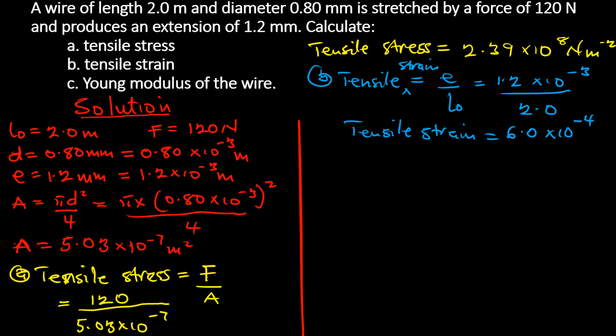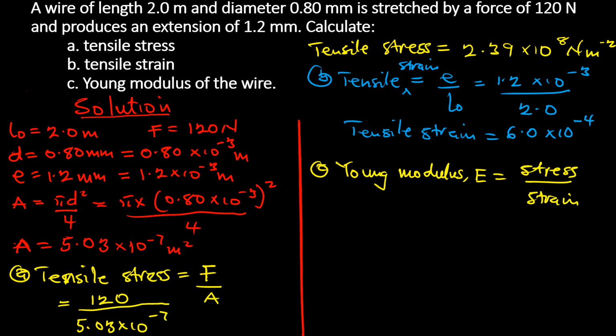Okay, let's move on to question C. Question C, we have to calculate for Young modulus of the wire. As we have Young modulus, which is E, capital E, to be equal to tensile stress over tensile strain.